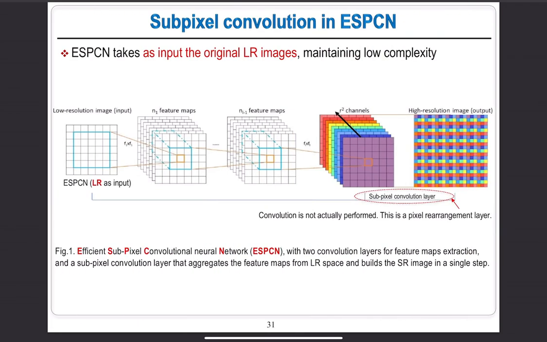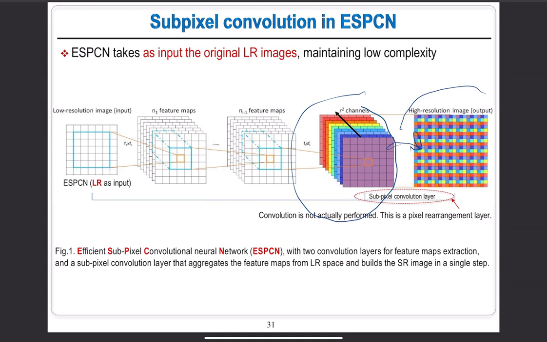And this slide illustrates how the sub-pixel convolution layer works. The key idea of this layer is to rearrange multiple low-resolution feature maps into a single high-resolution output.